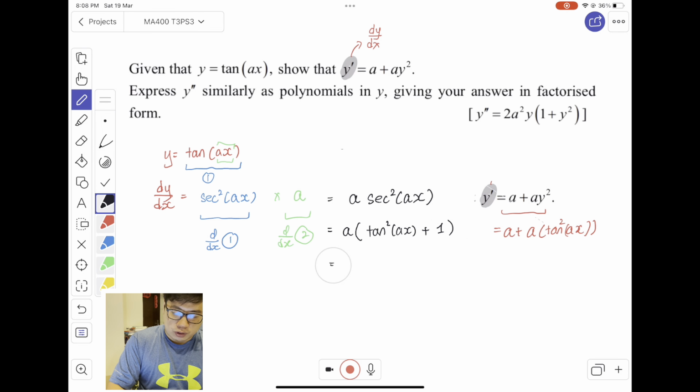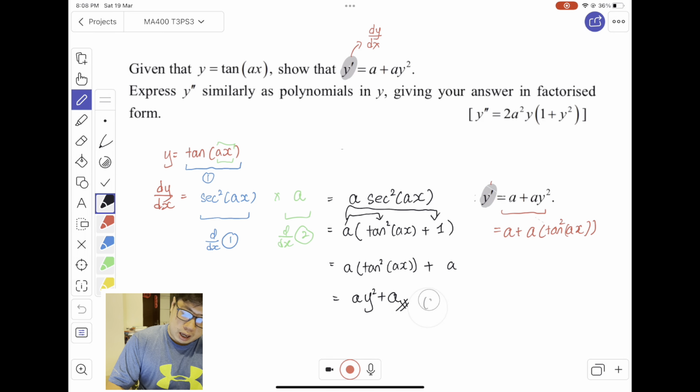You have shown that this is just a distributing in tan squared ax plus a, which would just be a y squared plus a, and that would have allowed us to solve the first part.